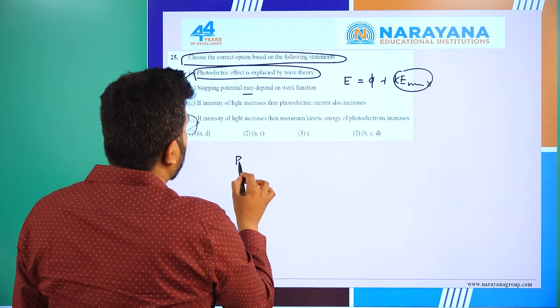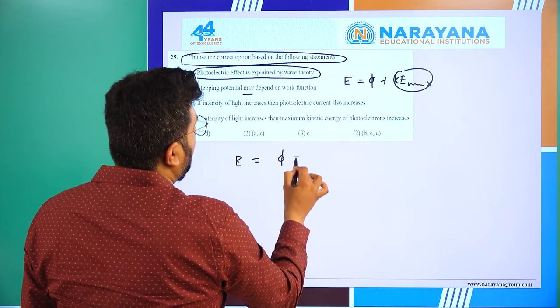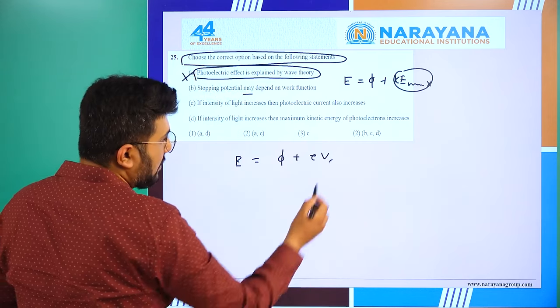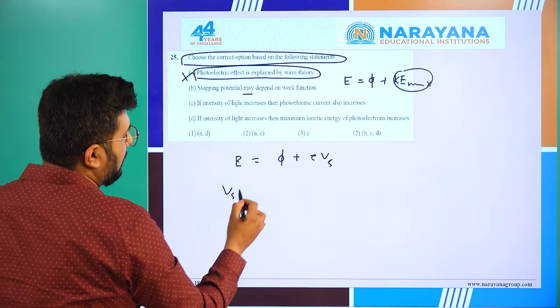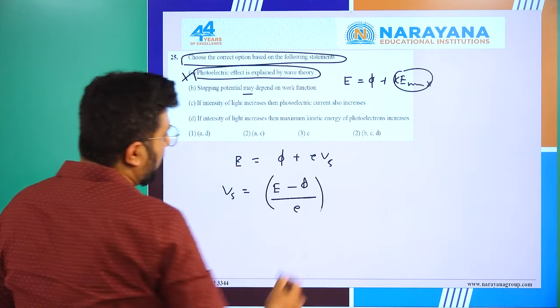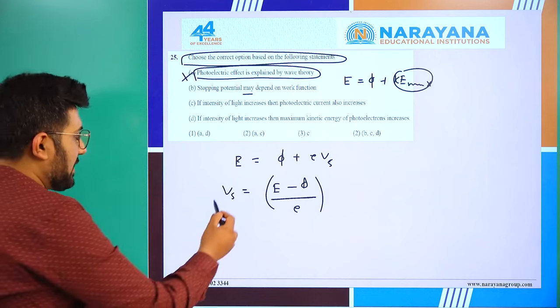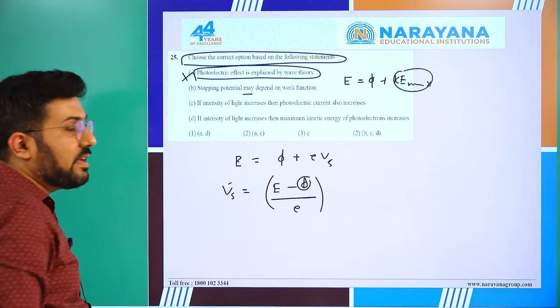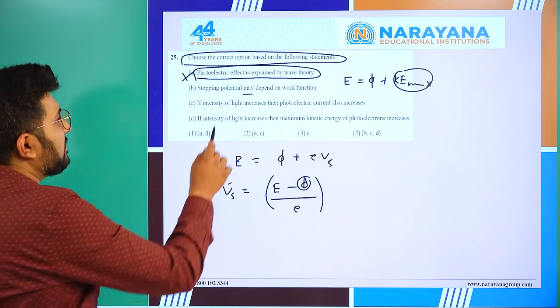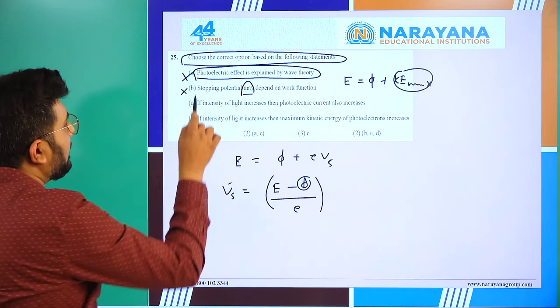So, I can say E equals phi plus eVs, so Vs equals (E minus phi) by e. So, clearly you can see that stopping potential will depend on the work function. Okay. So, that means if they have written may, I will say it is incorrect.